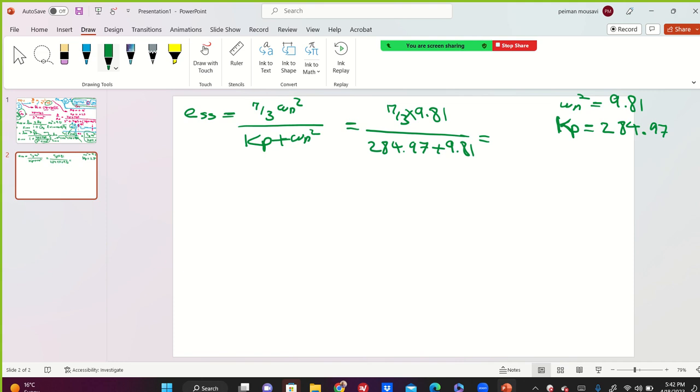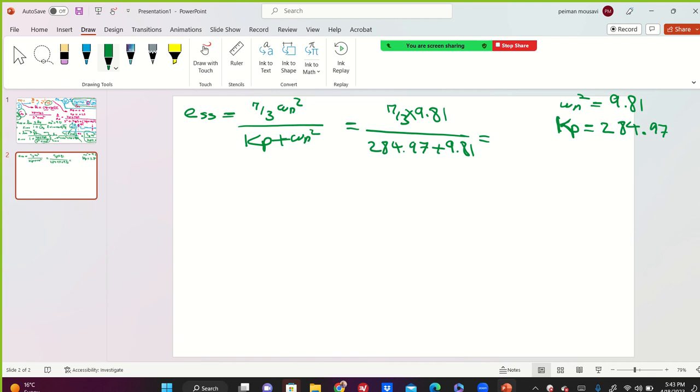It's going to be a very low value, obviously. So pi divided by 3 multiplied by 9.81, and this divided by 284.97 plus 9.81.